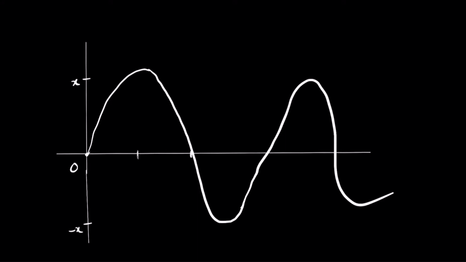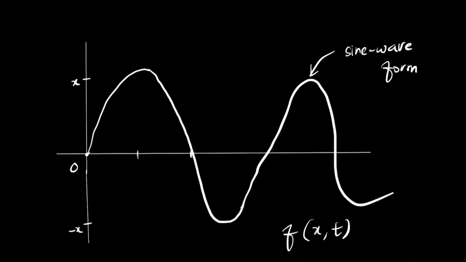You see that the waveform is called a sine waveform. If you consider the function of x and t to be a sine wave, we can call this simple harmonic motion. All of these types of motion are generally called simple harmonic motion.